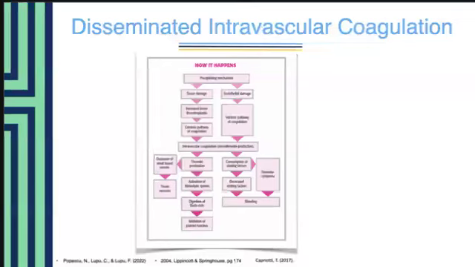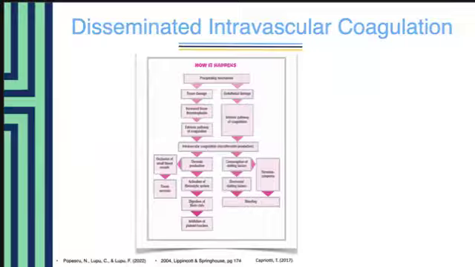When we think about DIC, that underlying condition such as sepsis or septic shock, trauma, or even cancer, we see that it triggers the release of pro-inflammatory cytokines, like interleukin 1 or IL-1, tumor necrosis factor alpha, the TNF-alpha, and even interleukin 6 or IL-6. Those cytokines cause that widespread endothelial damage and activation, and that's what's disrupting the normal anticoagulant properties of the endothelium.